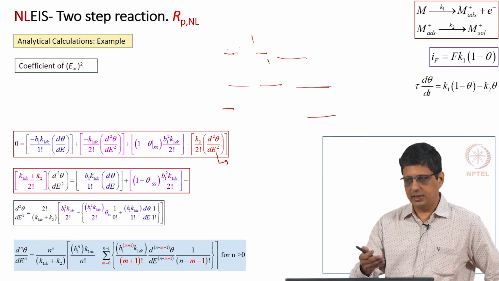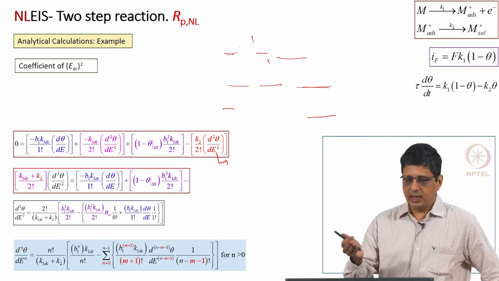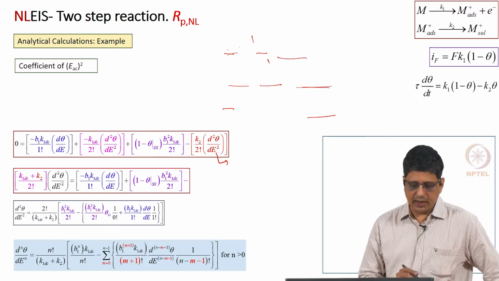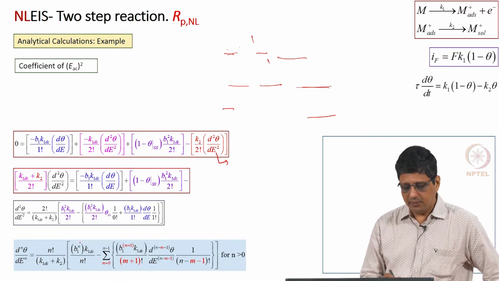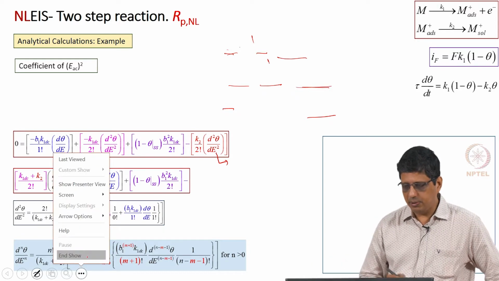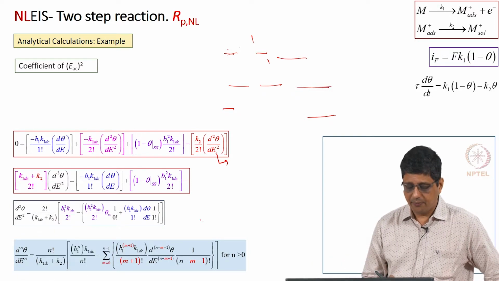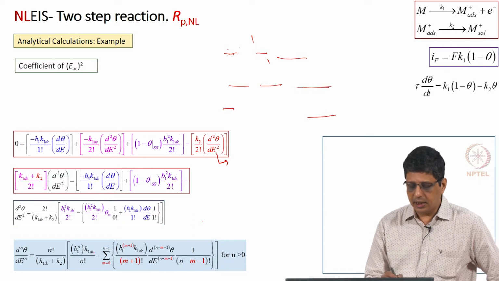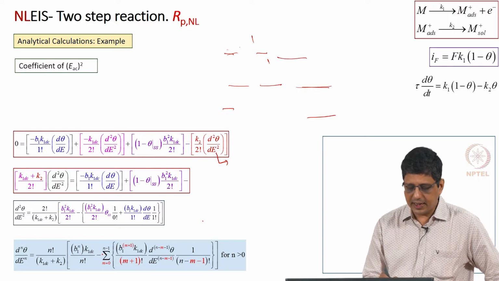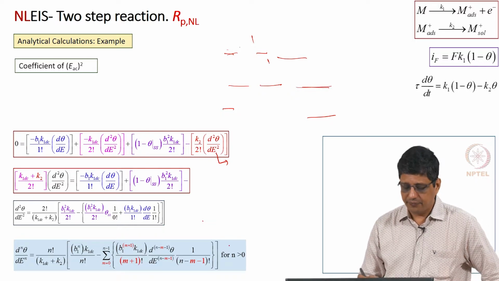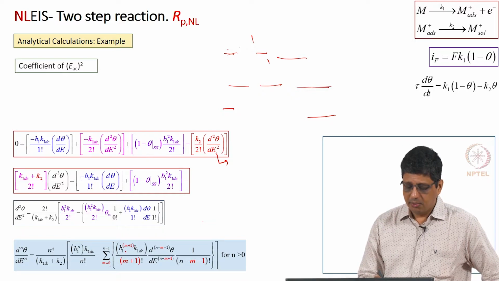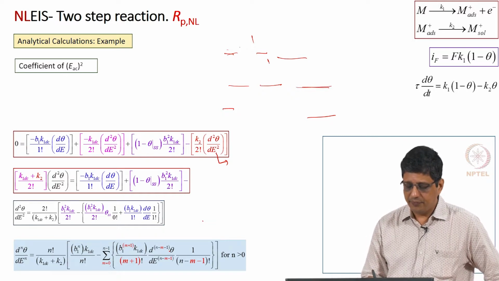Once you do it for first, second, third, you can look at that and tell that for any nth order, I can write it as n factorial by K1 DC plus K2, B1 raised to the power n, K1 DC by 2 factorial for this particular mechanism, and this entire term in the bracket can be written as a summation with m going from 0 to n minus 1, and so on, B1 power n plus 1 K1 DC.